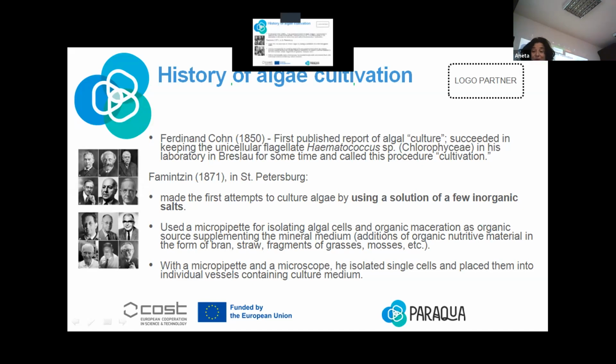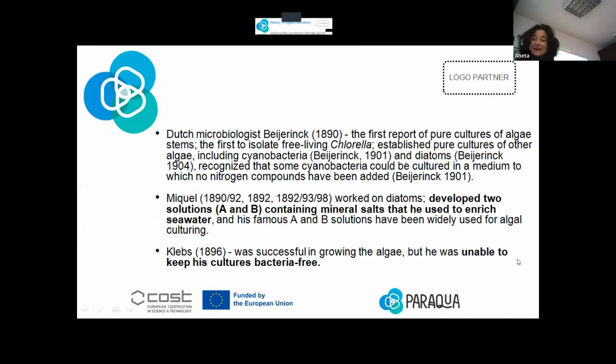They also used micropipettes for isolating algal cells and organic maceration, just as an addition to the first inorganic salts. They used micropipette and microscope. So all what we are still using now in cultures.